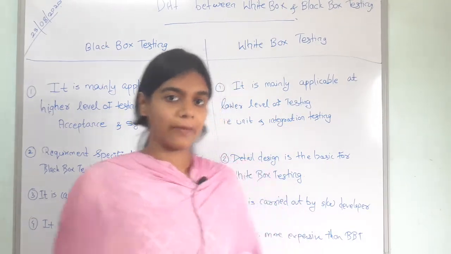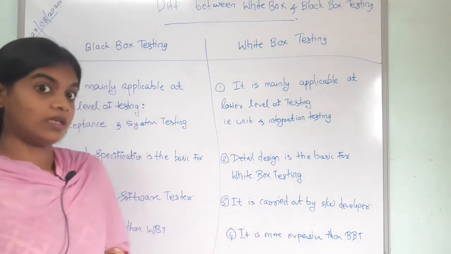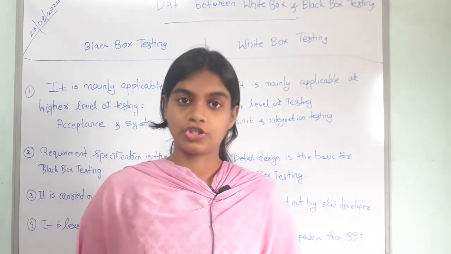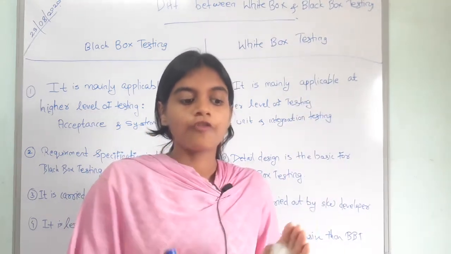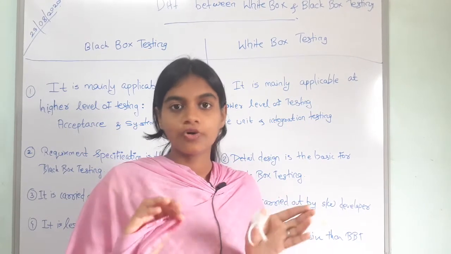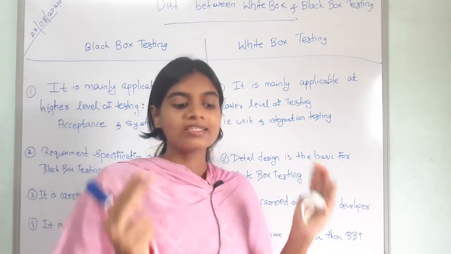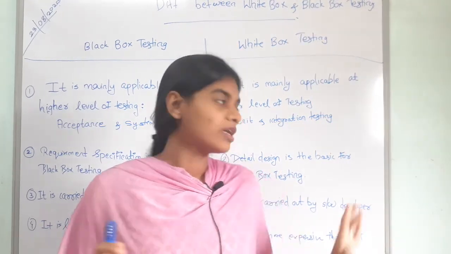And detailed design is the basis for white box testing. Detailed design means the coding and the infrastructure, that is, how the software product works. The design of that software product comes under white box testing.